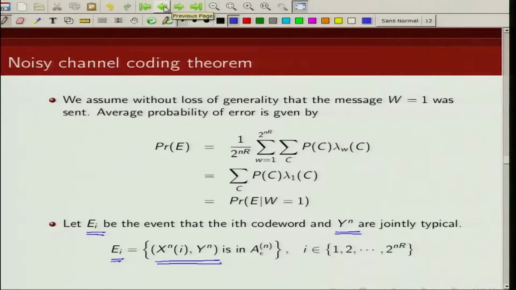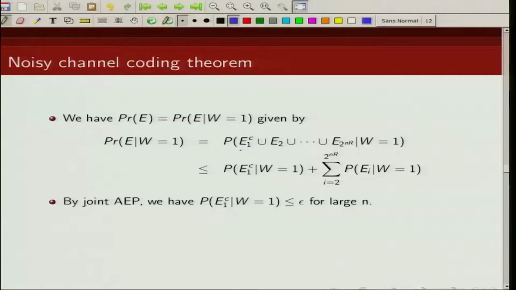If index 1 was sent, the decoder will not make an error if X^n(1) and Y^n are jointly typical, and that corresponds to event E1. So if E1 complement happens, then that is an error.